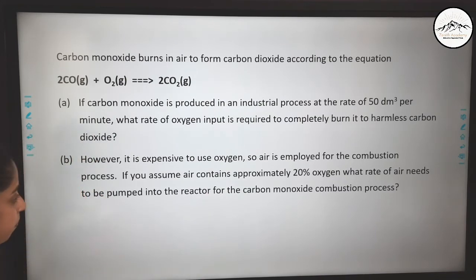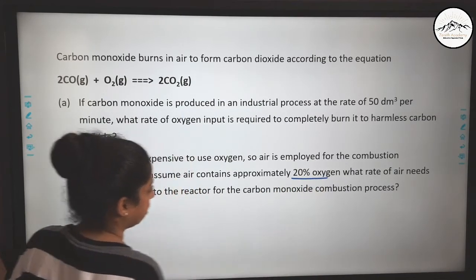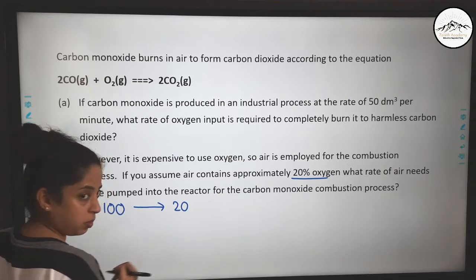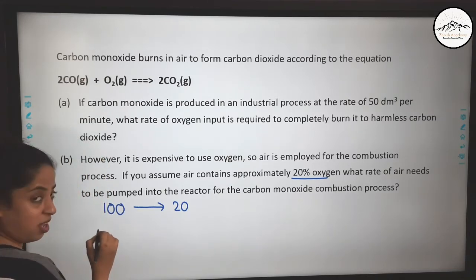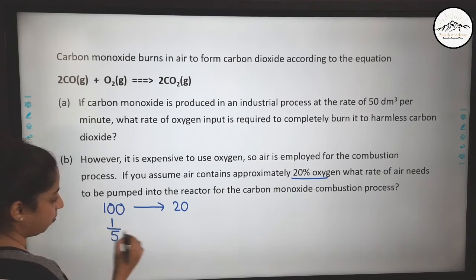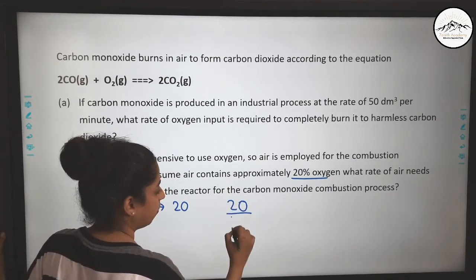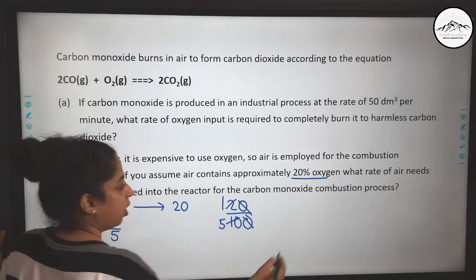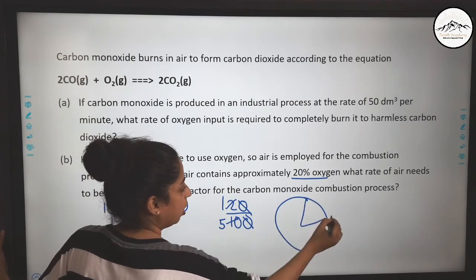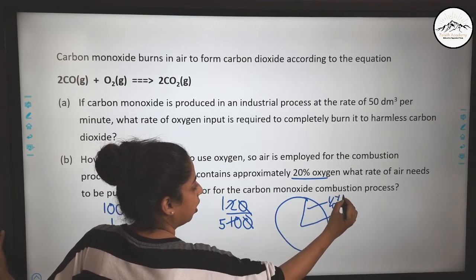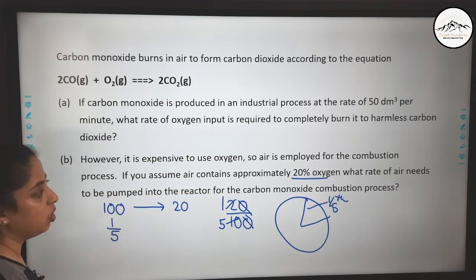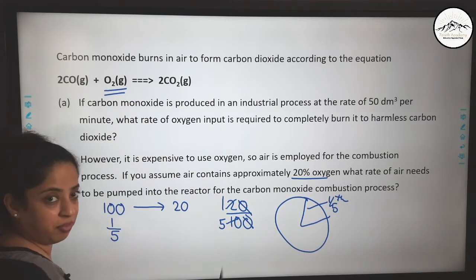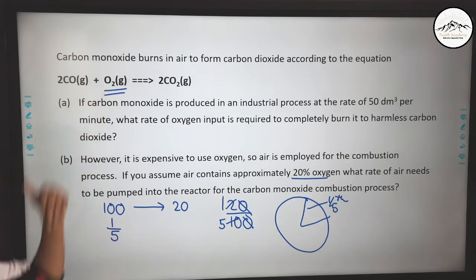So let us see what 20% is. In 100% air the oxygen content is 20%. So in air 1/5 is oxygen, because this is 20 upon 100. 2 1s are 2, 2 5s are 10. So if we take the whole air, 1/5 part of it is oxygen. So if we multiply the amount that we obtained here by 5, because now we will require 5 times the air.